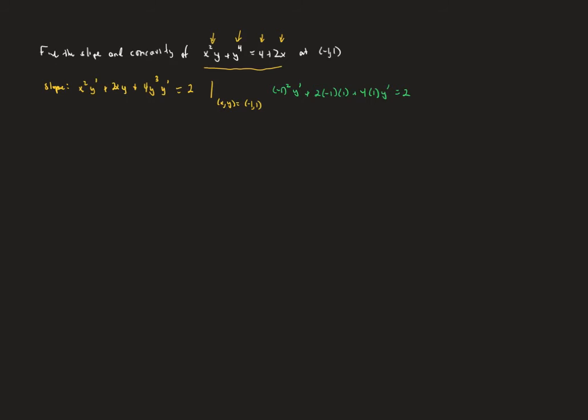So that looks like 1 y prime there, and that'll be a -2, and then a 4y prime there equal to 2. So I think that's 5y prime. Adding the 2 over makes that a 4, so y prime is going to be 4/5, and that is our slope. So here is the slope of our curve at the point -1, 1.